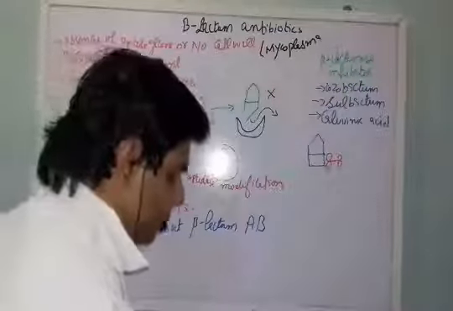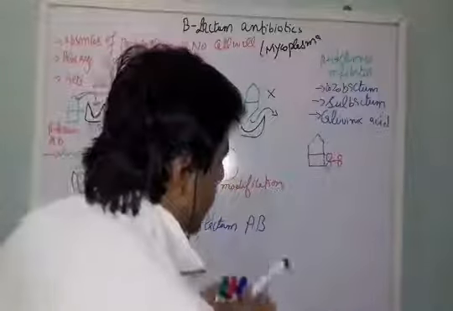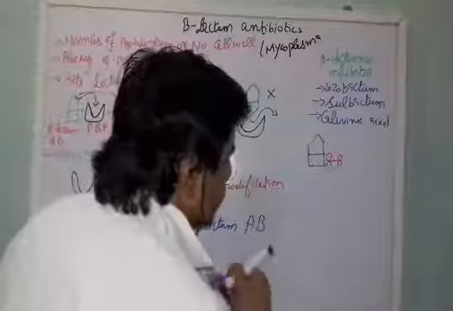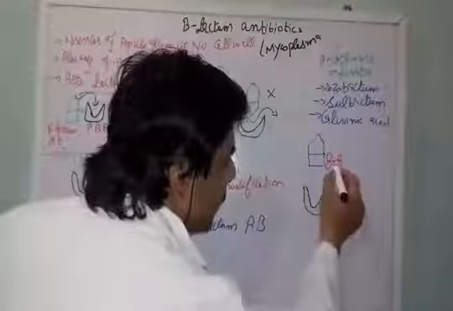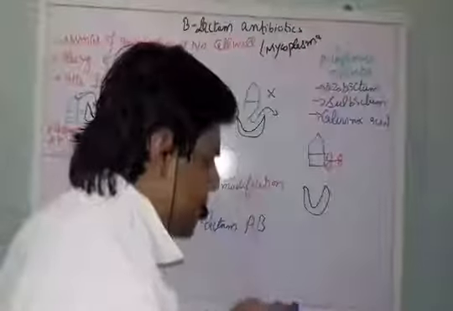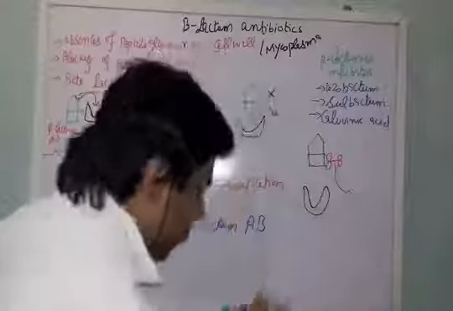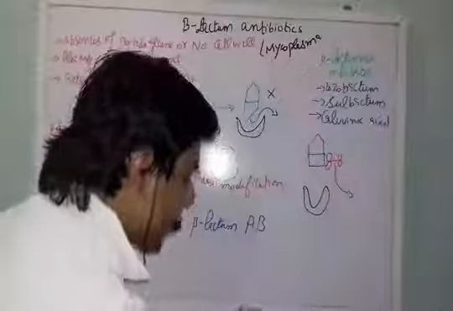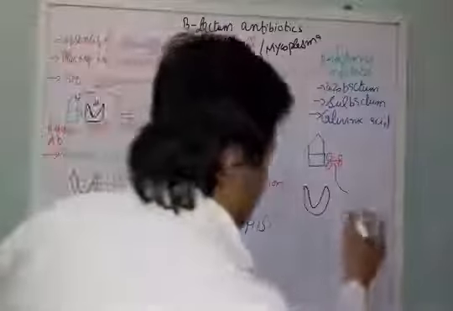Before it binds to the penicillin-binding protein, first it will release this beta-lactamase inhibitor. Once it releases this inhibitor, this beta-lactamase inhibitor will start fighting with this beta-lactamase enzyme.